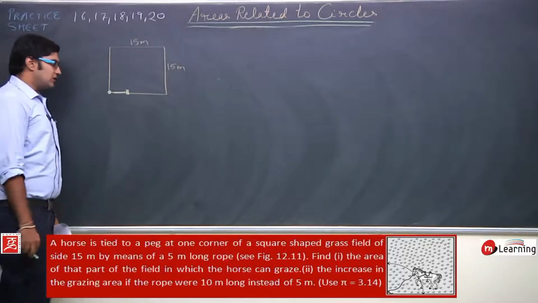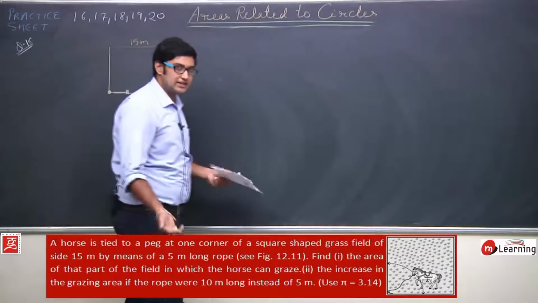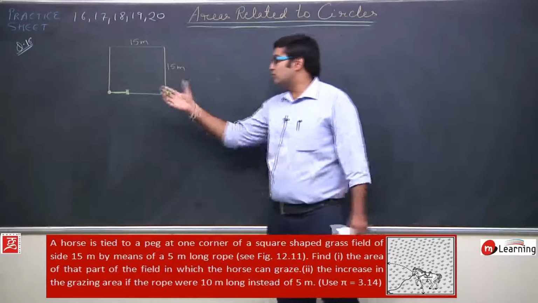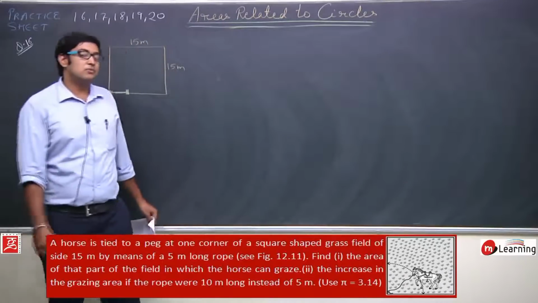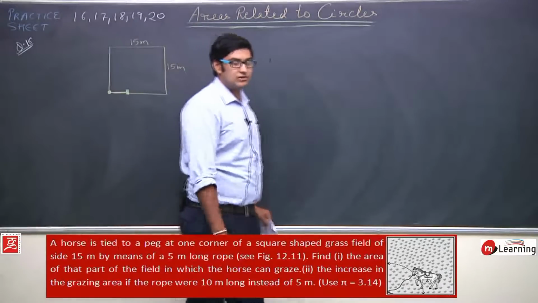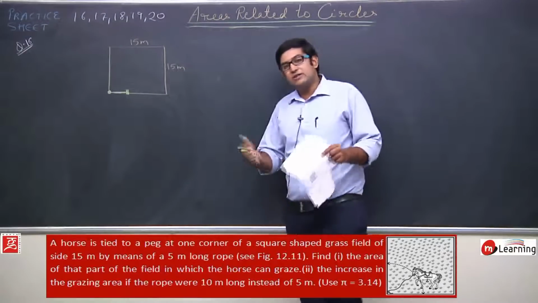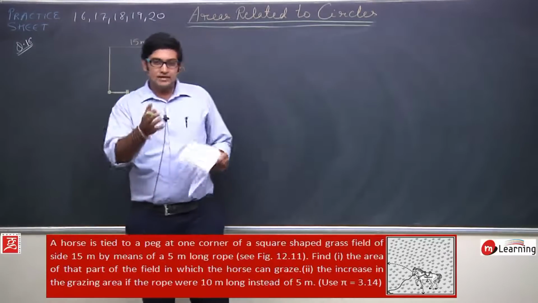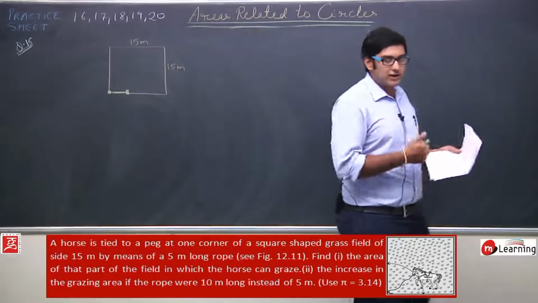Now I need to determine how much area this horse can graze if he is tied at one corner with a 5-meter long rope. For that I need to determine in which area this horse can move. If I can determine that area, I can easily determine the area in which this horse can graze in this field.